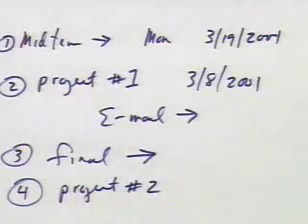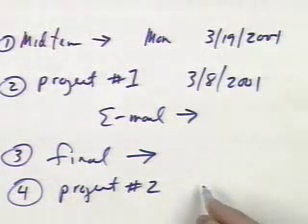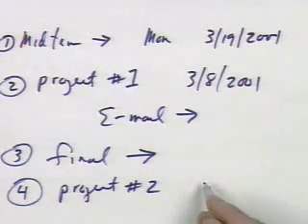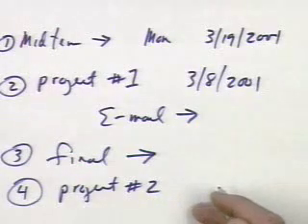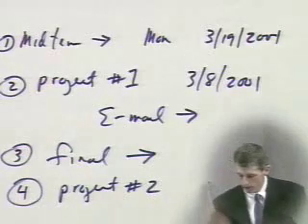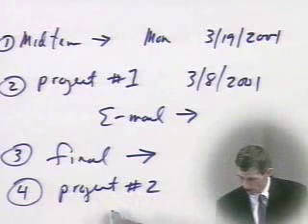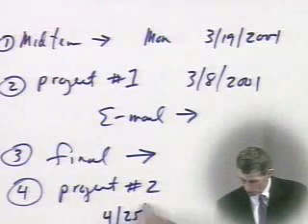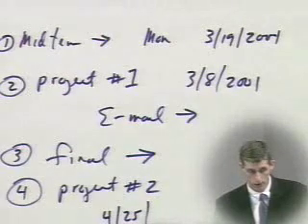For project number 2, I want that due the Wednesday of the last class week. We'll have our last class on Monday, then you'll be able to take that material from Monday, have Tuesday and Wednesday, and then submit the final project. That turns out to be, what did we say, 4/25, Wednesday's the 25th?